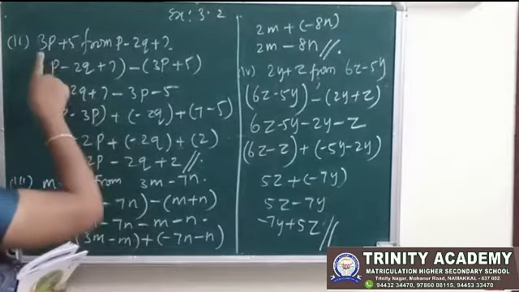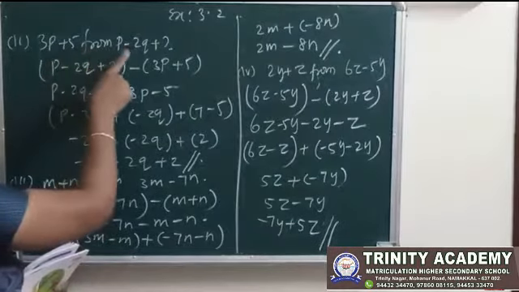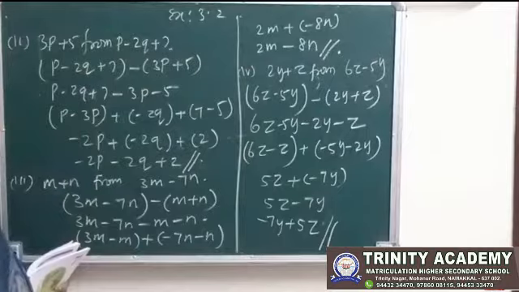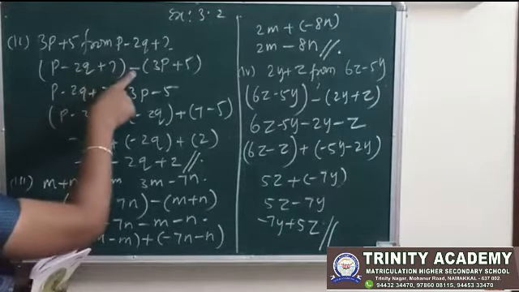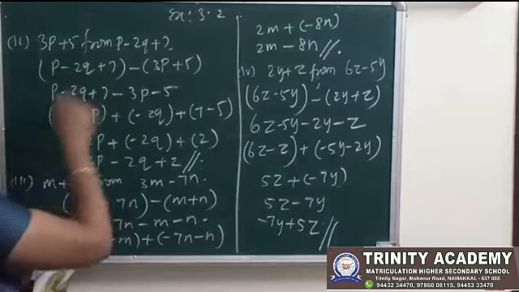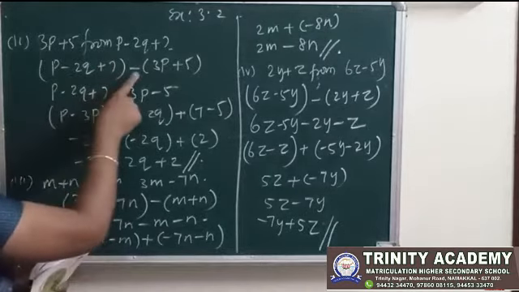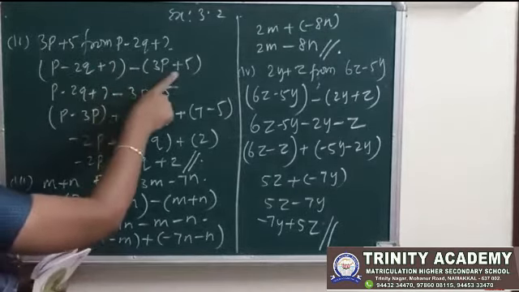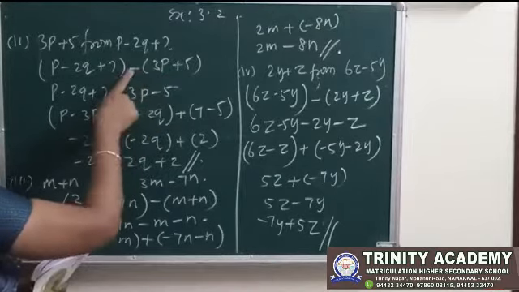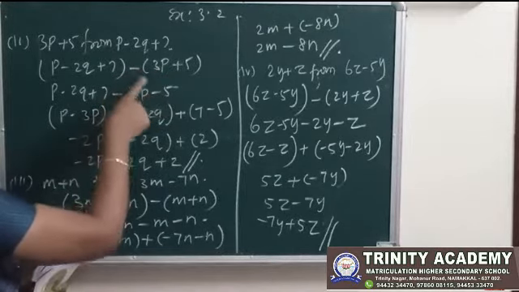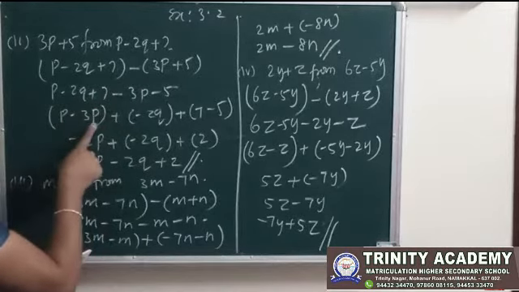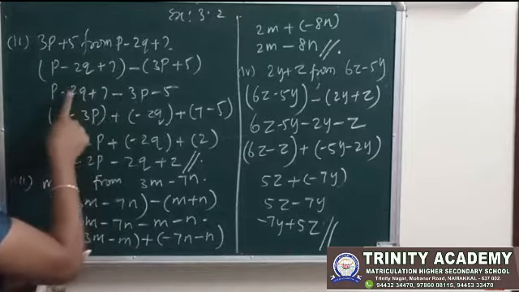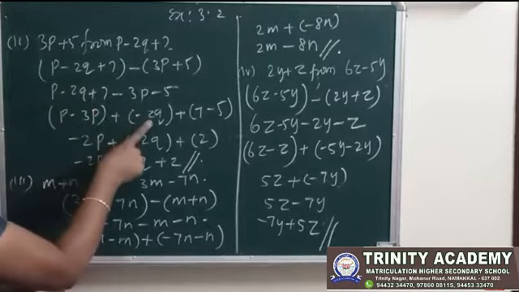Now we subtract 3p plus 5 from p minus 2q plus 7. So after from p minus 2q plus 7, subtract means minus this 3p plus 5. See here, this minus is common, so we multiply inside the bracket. Plus 3p into minus, minus 3p, plus into minus, minus 5. Okay. Now we group the like terms. Here p, here minus 3p, plus here 2q terms, only 1, minus 2q only.